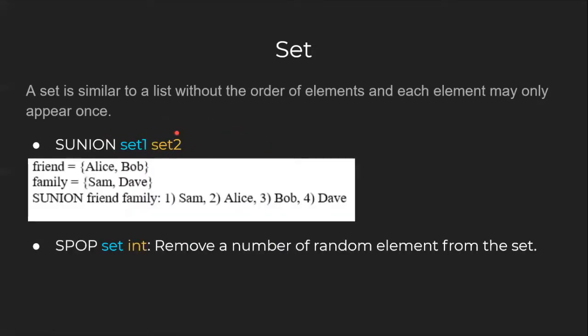S union is the union between 2 sets and returns all the elements from both. And S pop can also be used like pop in a list, but because a set doesn't have an order of elements, it will remove a random element from the set.